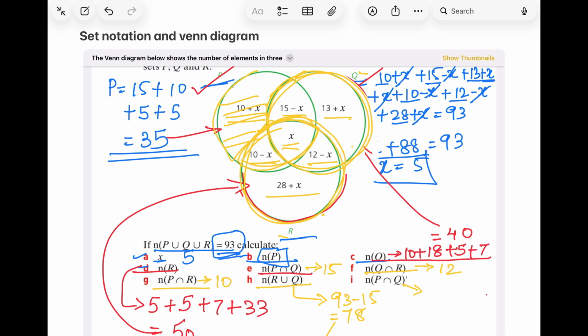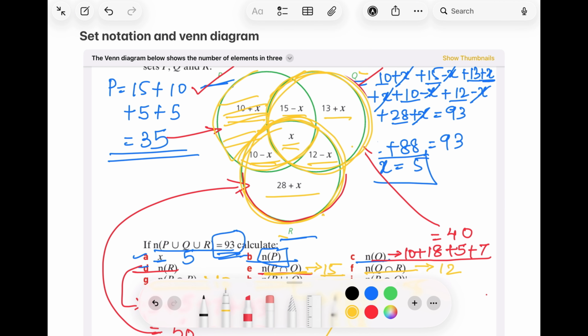Now the last question. P intersection Q dash. We already have found P intersection Q. Can you just see here? The answer for P intersection Q is 15. As I told you, dash means we write everything but not that. So here, if they are telling us to find P intersection Q dash, what are we supposed to do?